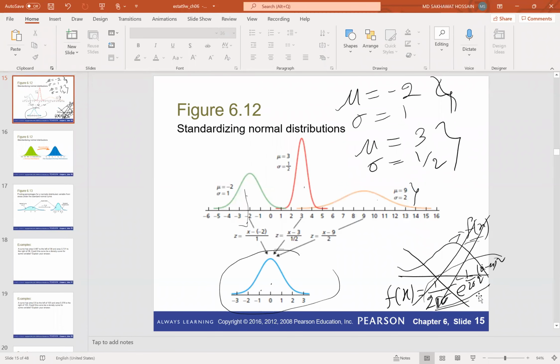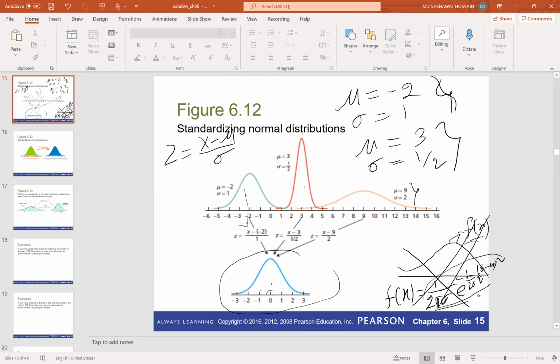Okay, now you can see that the formula is z equals x minus mu over sigma. The mu for this one was -2, so the mean was -2. That's why when x is -2, x minus mu becomes 0.